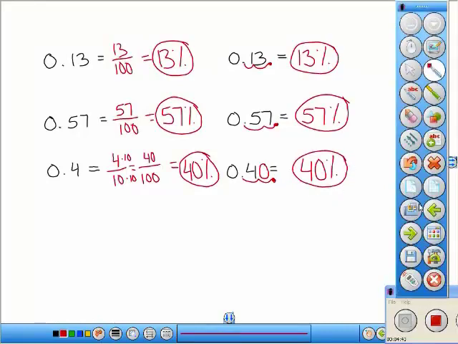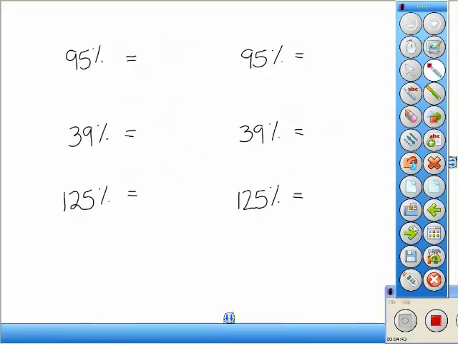Okay? Now, what if we wanted to go backwards? If I gave you the percent and said write it as a decimal, well, again, you could do it 2 ways.